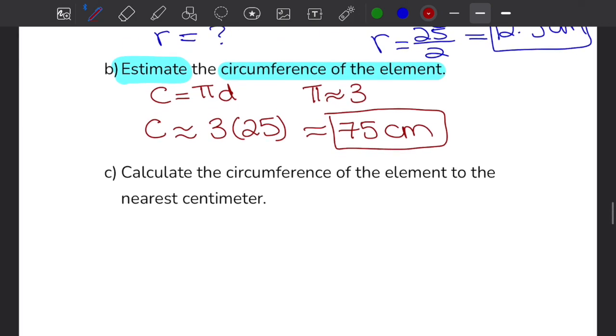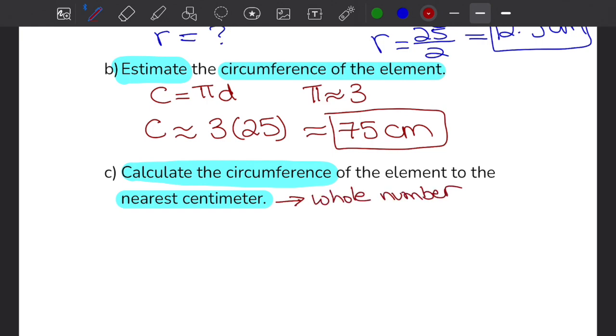The last question asks us to calculate the exact value for the circumference to the nearest centimeter. Nearest centimeter means we're going to round to the nearest whole number. We're not going to have any decimals here. So in this case, we're using the equal sign and the pi button on our calculator. We are not estimating here.